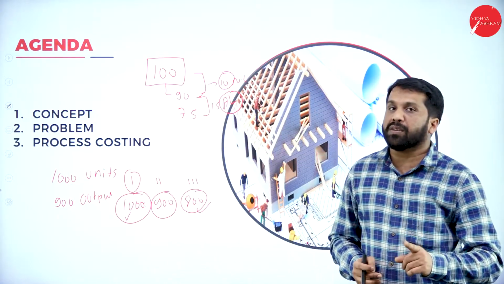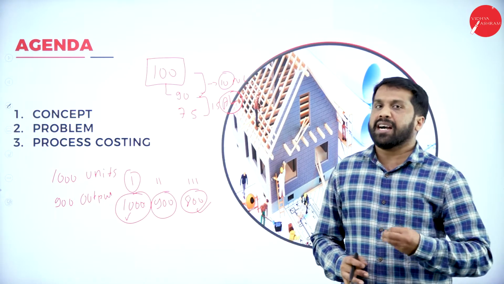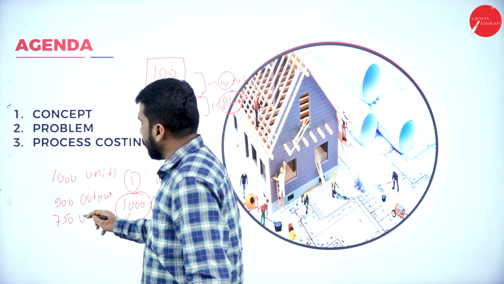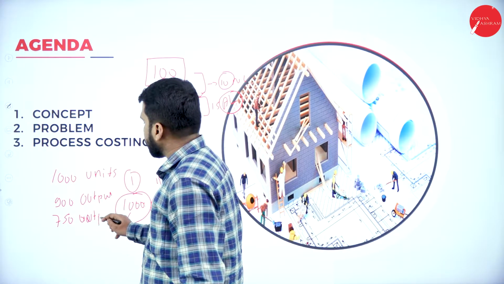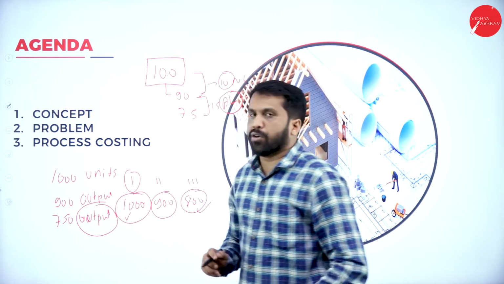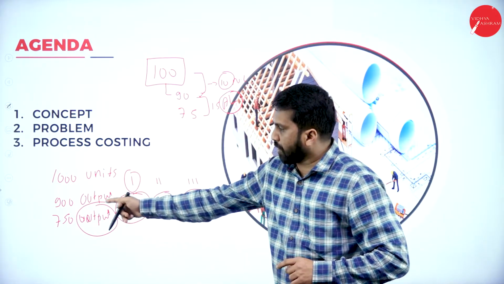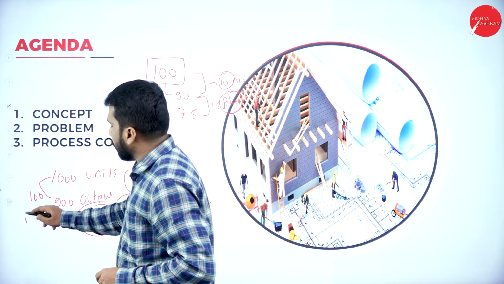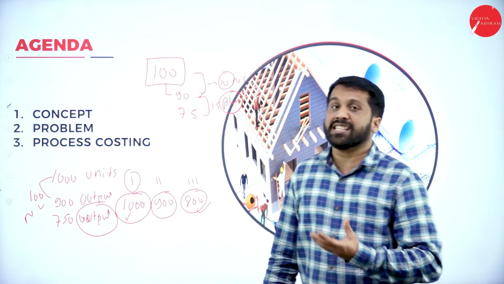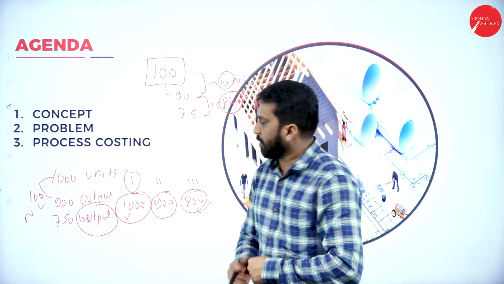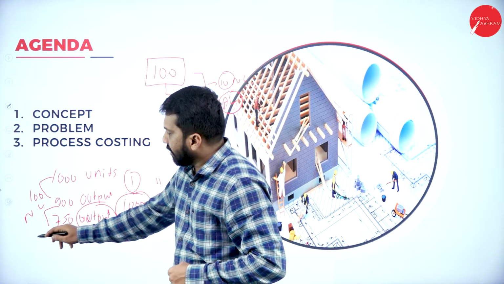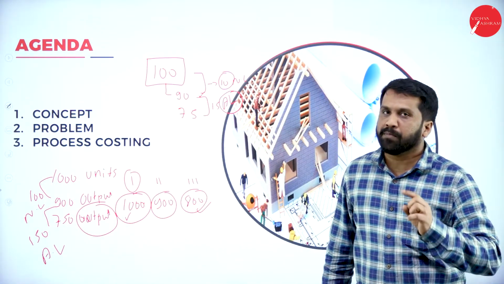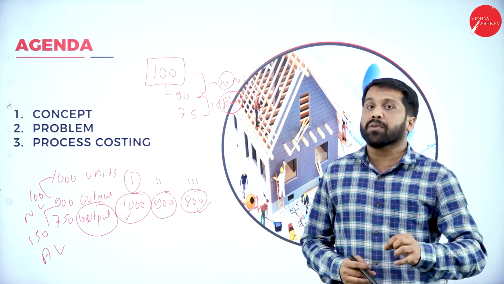But unfortunately, you got 750 units of output. 1000 is your input, 900 expected output, so this 100 you expected, and we call it normal loss. But you got 150 less. This 150 we call abnormal loss.